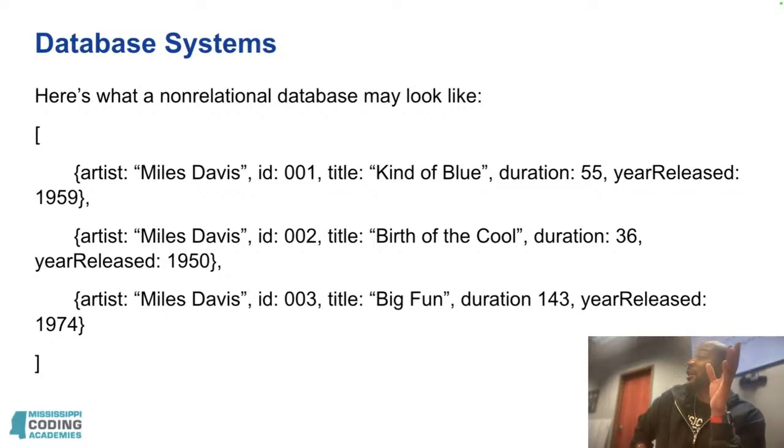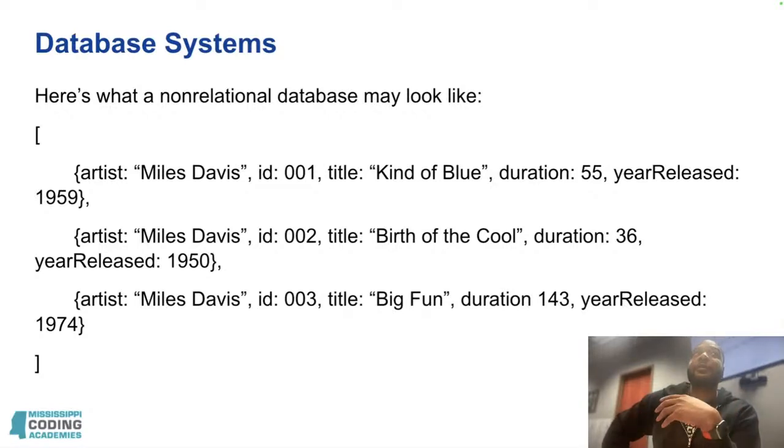Another thing with non-relational databases, and it's not shown here on the slides, is that they don't all have to have the same properties. Let's say for the first entry with the title Kind of Blue, I could add another property, maybe is favorite, or a list of the ensemble for this album.